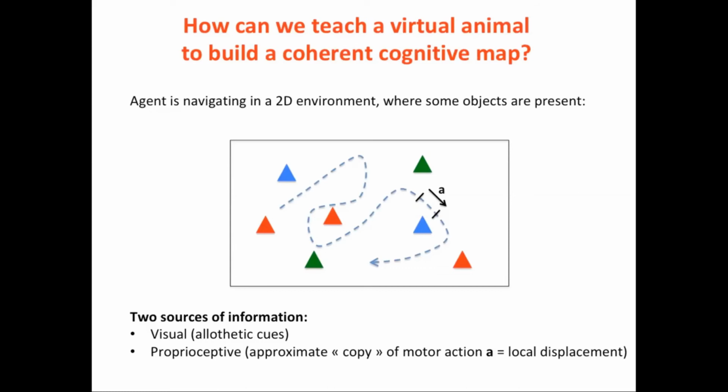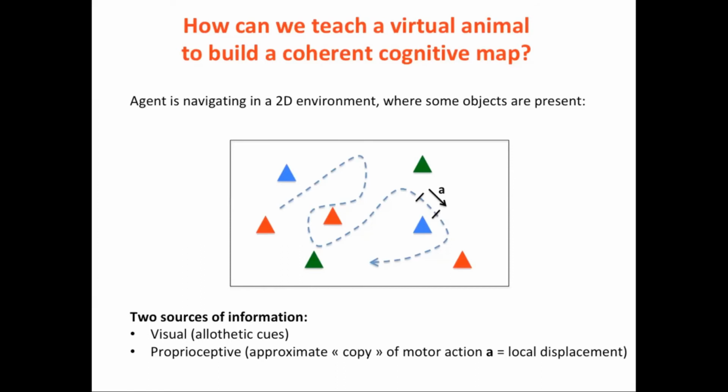Visual, like an allothetic cue, so it depends on the position, and proprioceptive information, internal information, which means each time the animal is moving by some vector A in the environment, then an approximate copy of the displacement of the motor action A is going to be available to the animal. It won't be a perfect source of information. It will be noisy, but it is a source of information which can be used to update its position.